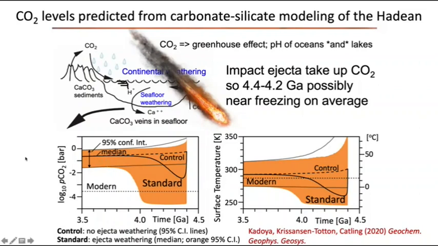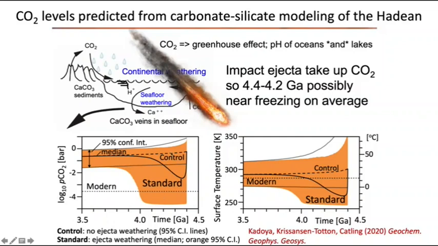The lower PCO2 also results in a lower surface temperature than the case without ejecta, and there's a good possibility that the surface temperature is lower than 273 Kelvin, in what Kevin Zahnle, in an earlier lecture, called the Hadean Ice Age. And this is especially true in the very early Hadean of 4.3 to 4.4 billion years ago.